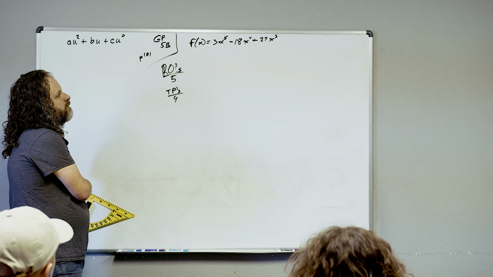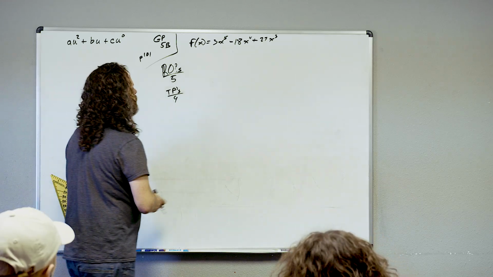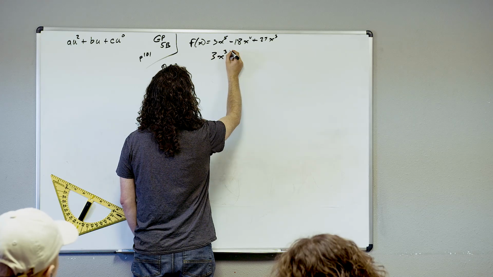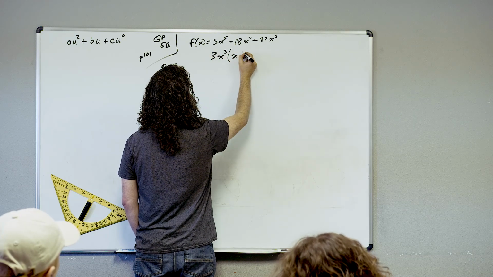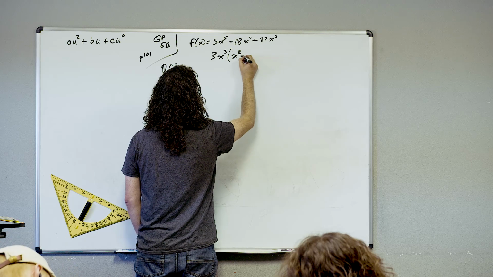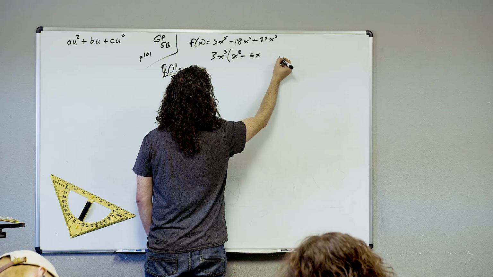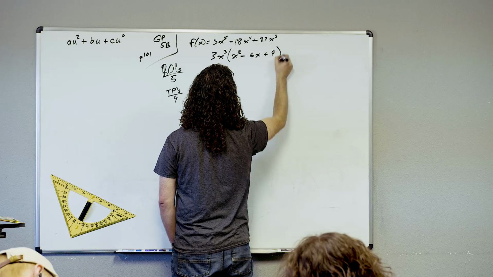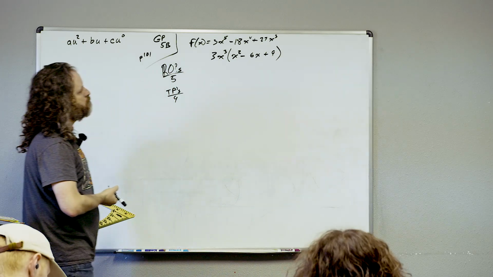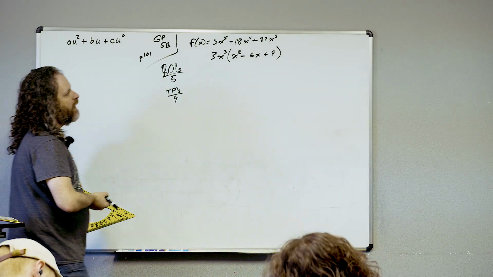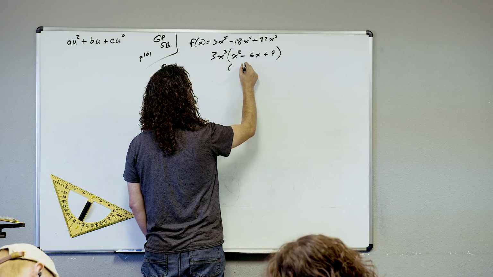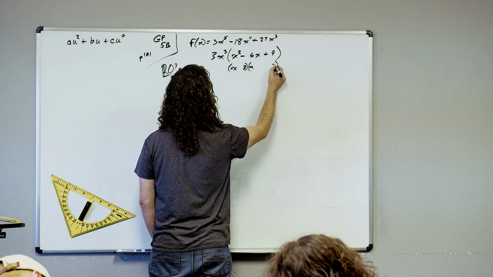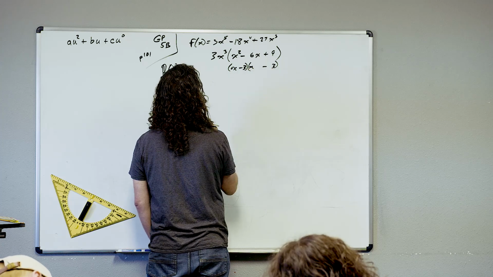Take out 3 and then extra 3. 3x cubed we're going to take out. So we end up with x squared minus 6x plus 9 with not an x to be seen. And then we factor it into x and x minus 3, squared.